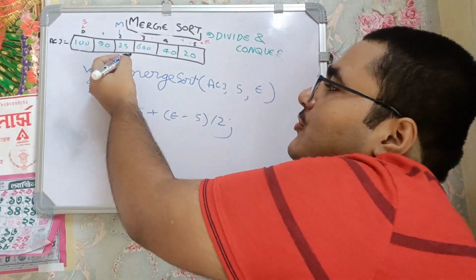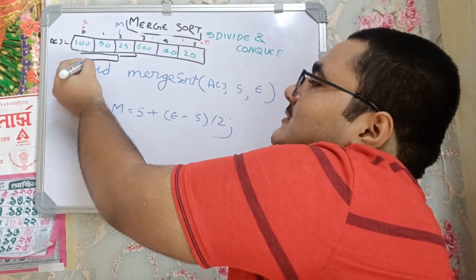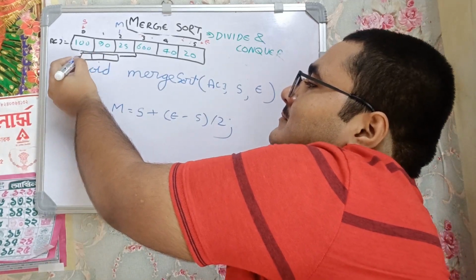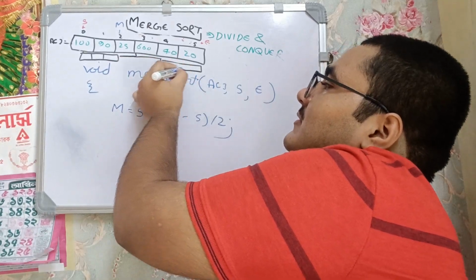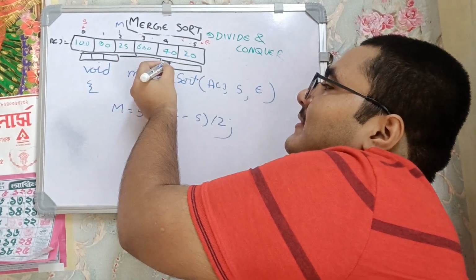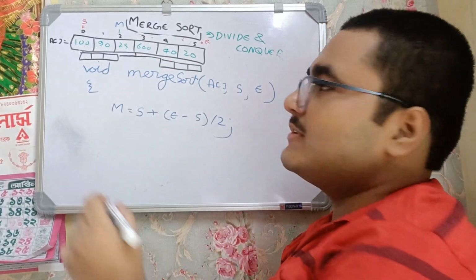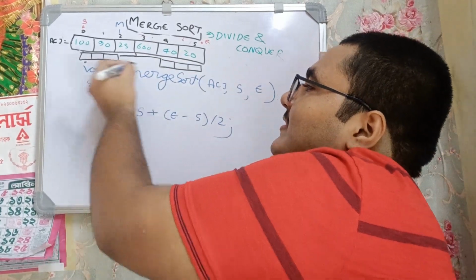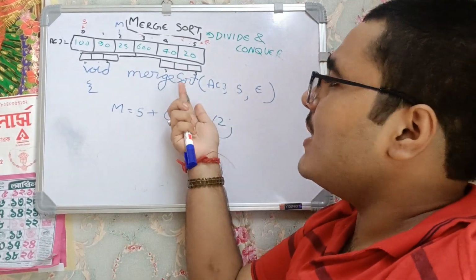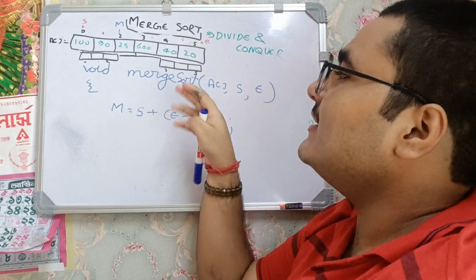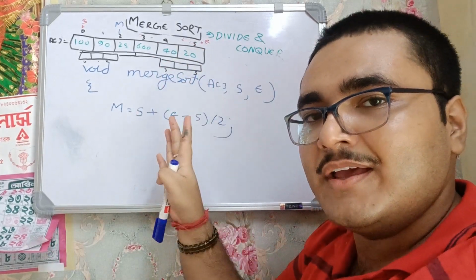From 0 to half, this is my one array, 0 to 2, and another half is from 3 to 5, fine, from 0 to 2 and 3 to 5. That means what we can do, actually this is nothing but we are recursively calling the function again and again. Yes or no?